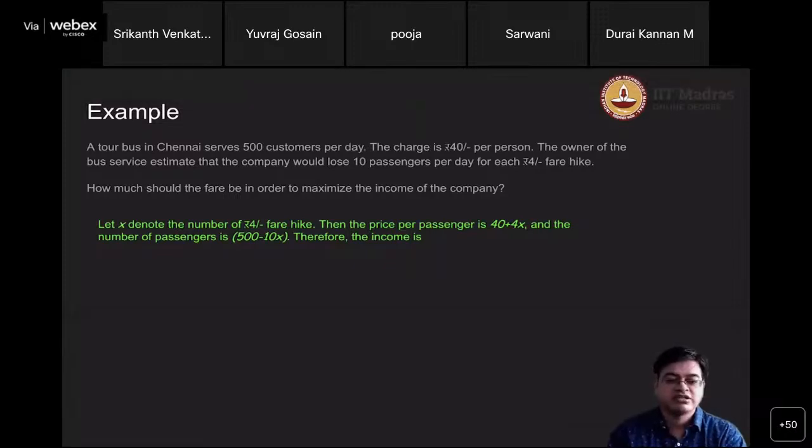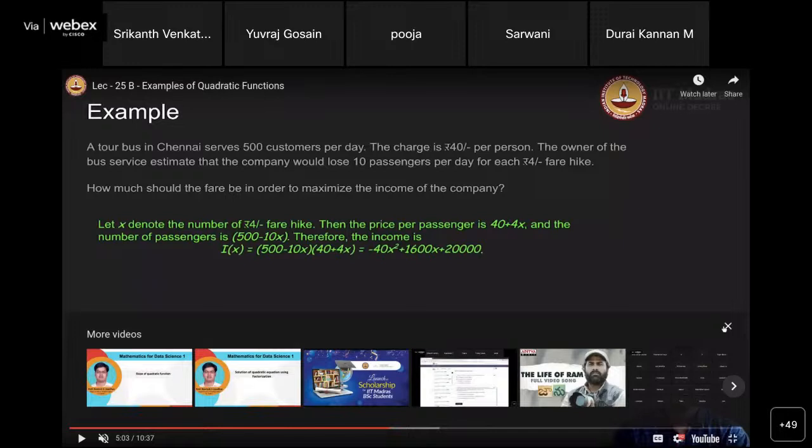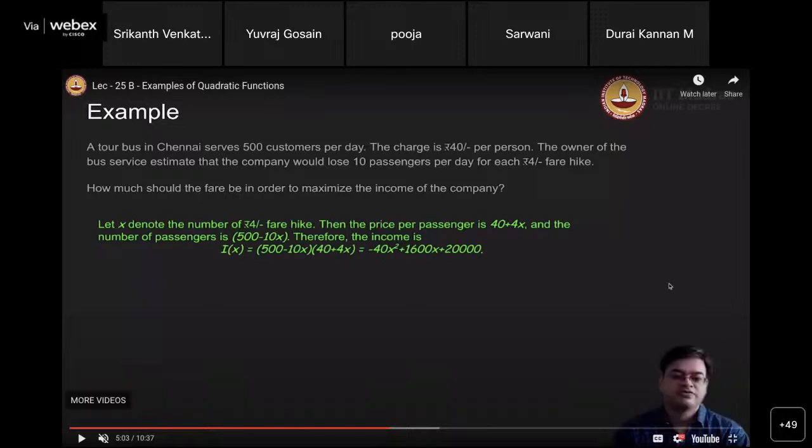Even here I will give you the same suggestion. A tour bus in Chennai serves 500 customers per day. Now, what you have to think is, you are maybe the owner of this bus service. Treat it like this: you are the owner, and maybe you are the conductor also. You are charging 40 rupees per person.